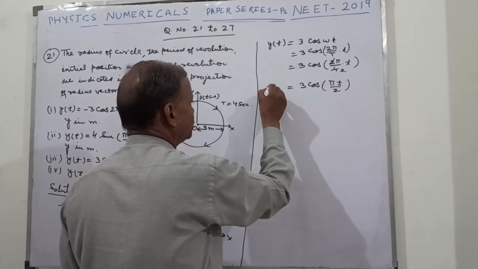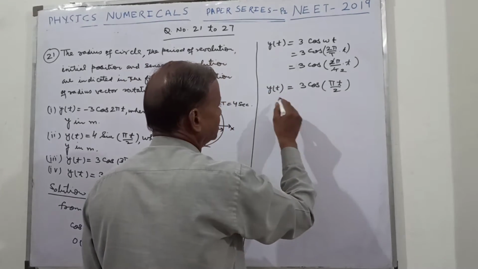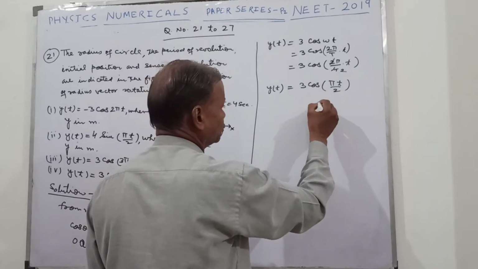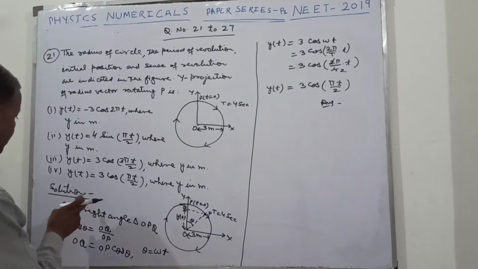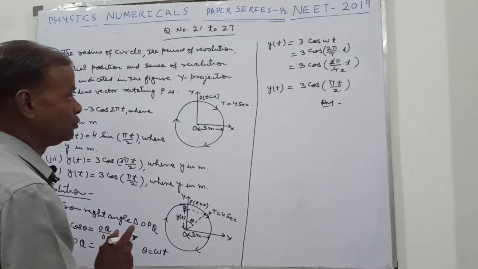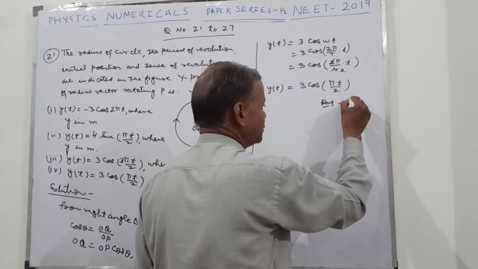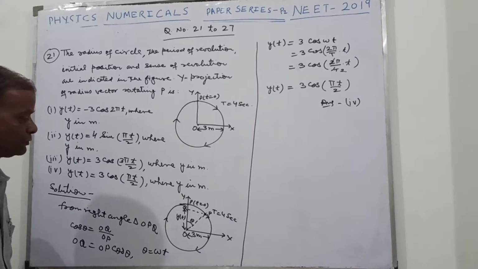This is your y(t), so this is the answer. If we match, we find that it is the fourth option, y(t) equal to 3 cos(πt/2). So our right choice is the fourth, and this is the answer to this question.